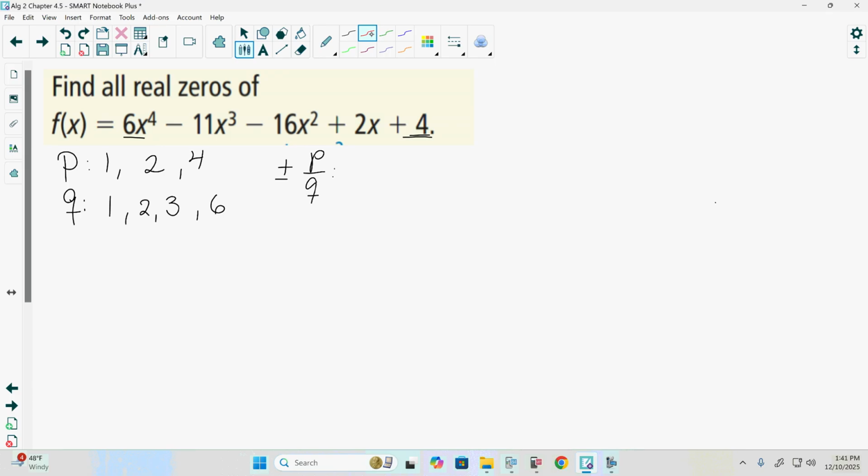Now we're going to start our plus or minus P over Q. I always start with the first value of Q, which is always going to be 1, and divide every P by it. So we're going to do 1 divided by 1, which is 1. 2 divided by 1 is 2, and then 4 divided by 1 is 4.